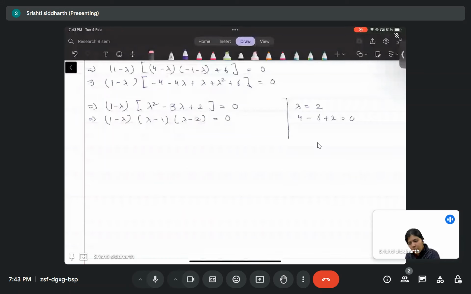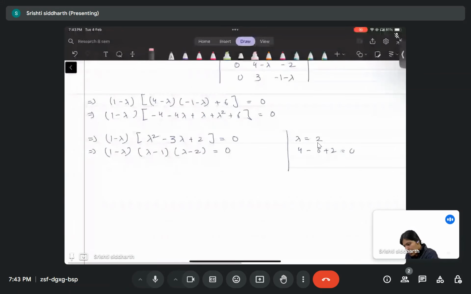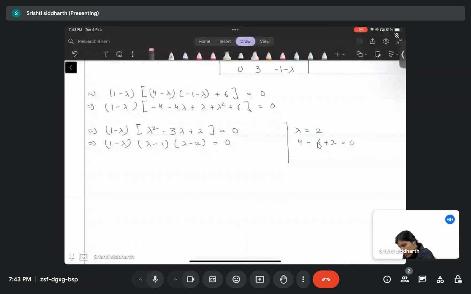So we don't have to compute the eigenvalues. We just have to expand this to get the characteristic polynomial. So the characteristic polynomial is this one squared, lambda minus 2 equals 0.